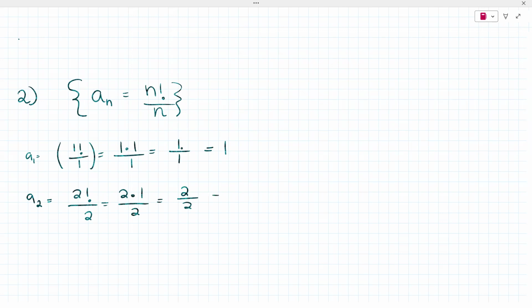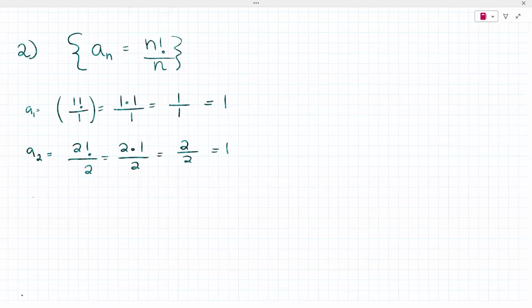This should be positive 1, right? Okay, third term. It'll be 3 factorial over 3. So what is 3 factorial? 3 times 2 times 1 all over 3. And do you see anything that cancels? Yes, the 3's. So you're left with 2 times 1, which is just 2.